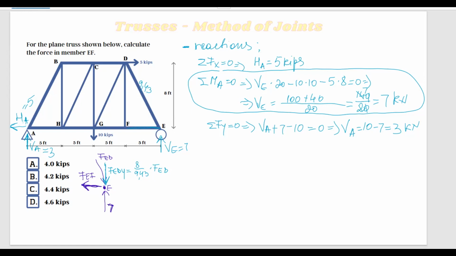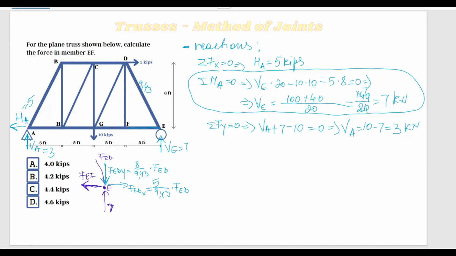And then the X component is going to pull in this direction. I'm going to draw it here. FEDX is going to be equal to 5, this horizontal, over 9.43 multiplied by FED.